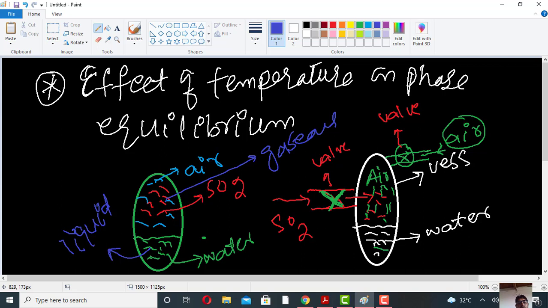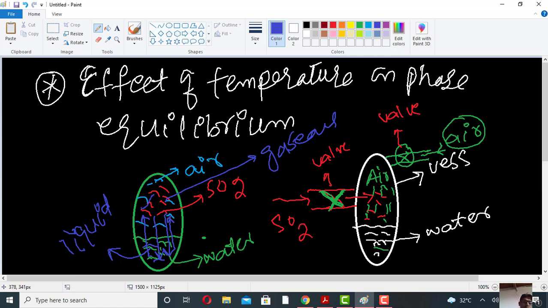So when we took water in a vessel, we entered air and sulfur dioxide into the vessel. At the start, the sulfur dioxide was absorbing in the water. After a certain time, sulfur dioxide was absorbed into the water, and equilibrium was reached. At the start the absorption rate of sulfur dioxide in water was very high, but after a certain time some sulfur dioxide was released into the air again and desorption started.